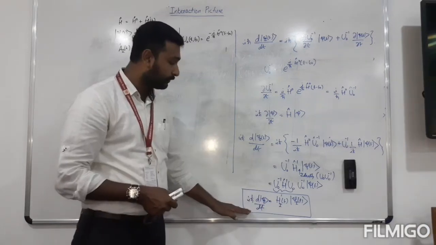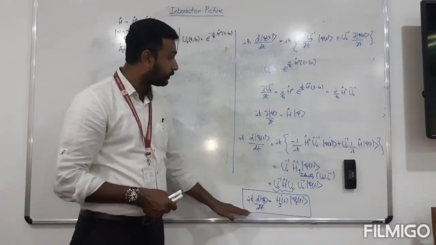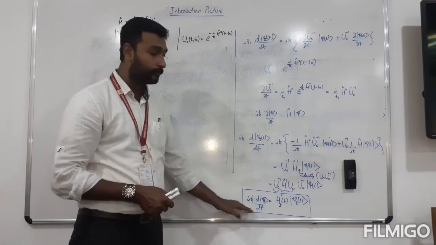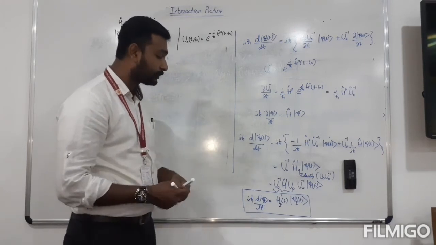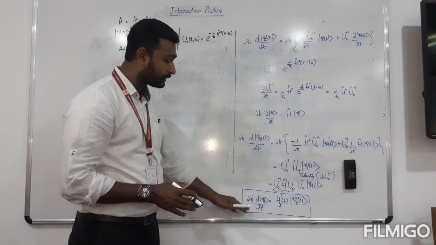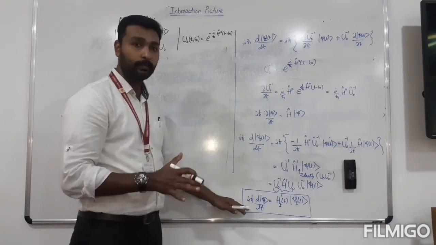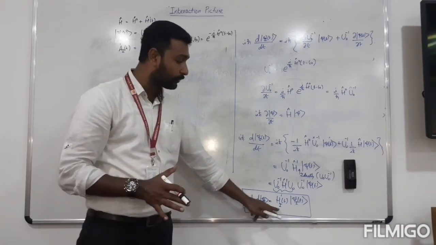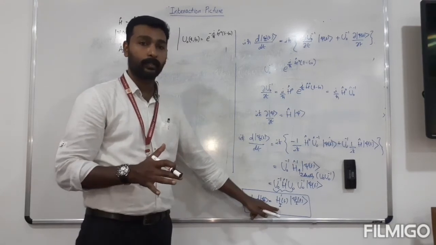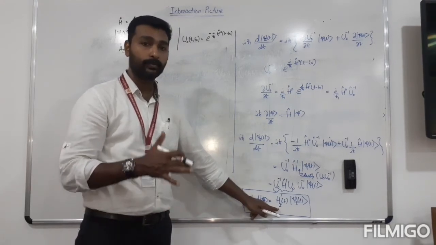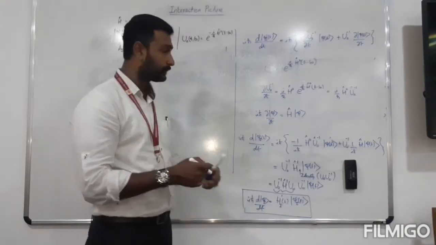So with this, we have completed the discussion of the time evolution for the state vector. So this is the differential equation of the state vector in the interaction picture.